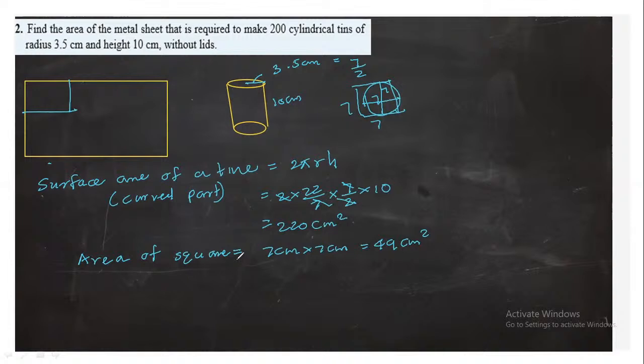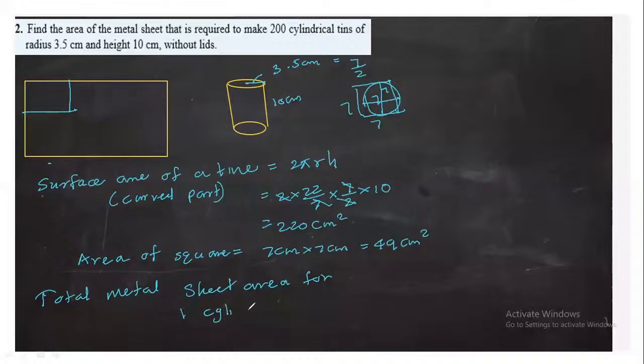Total metal sheet area then for one cylinder. Total sheet area for one cylinder: this 220 square centimeter plus 49 square centimeter.